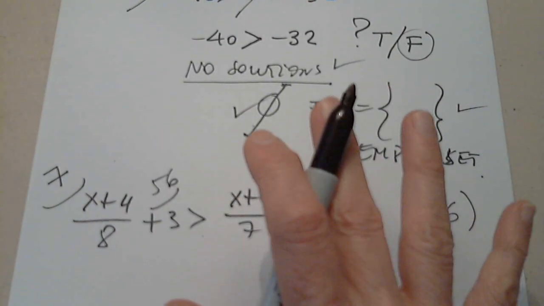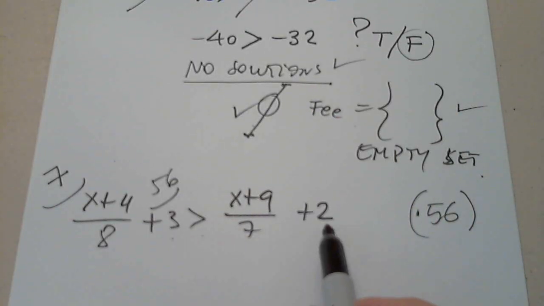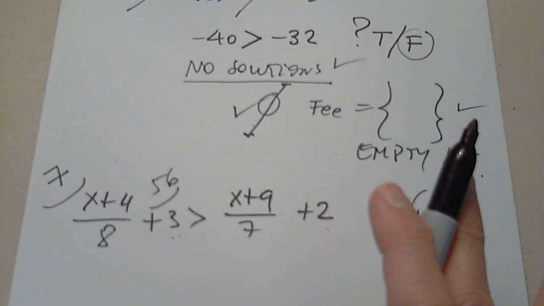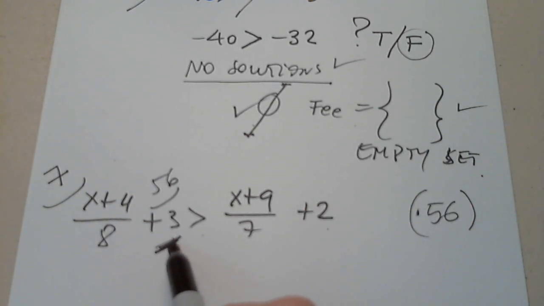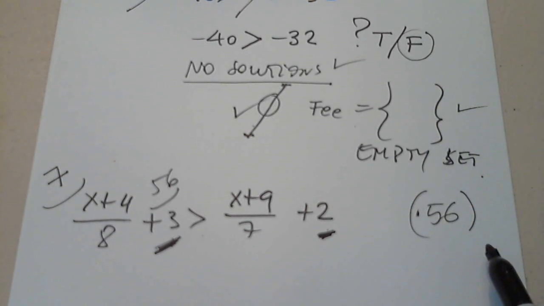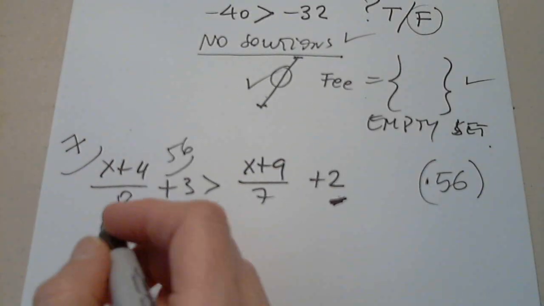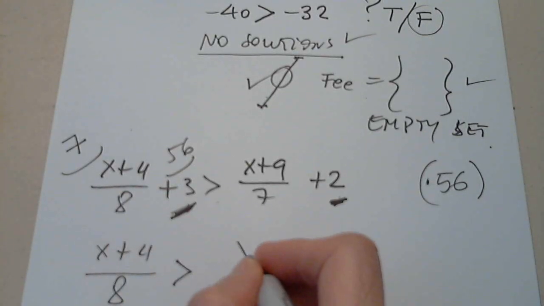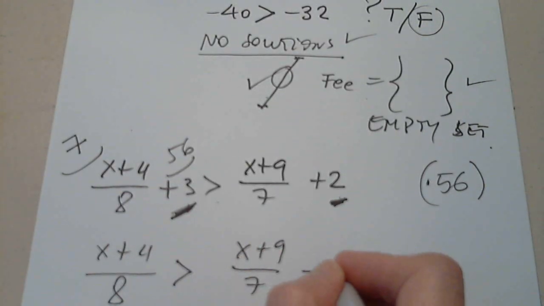You could combine these two, so you don't have to multiply twice. Because this is an integer, this is an integer, and why multiply twice? We can do that. Let's write it as x plus 4 over 8 greater than x plus 9 over 7 minus 1.